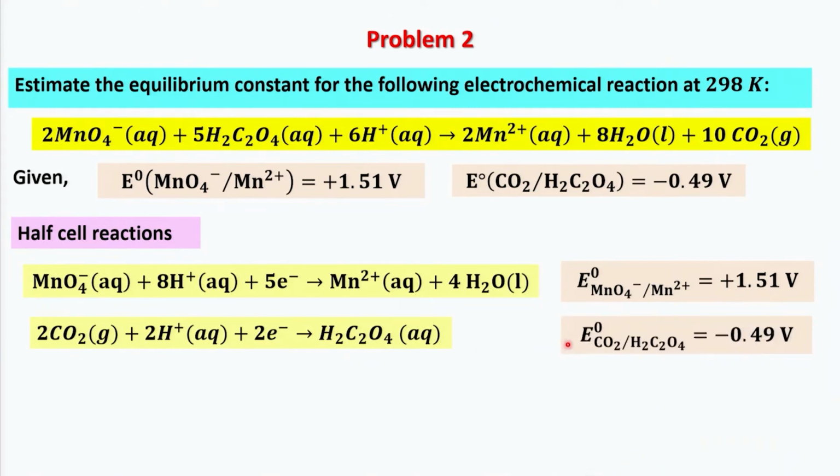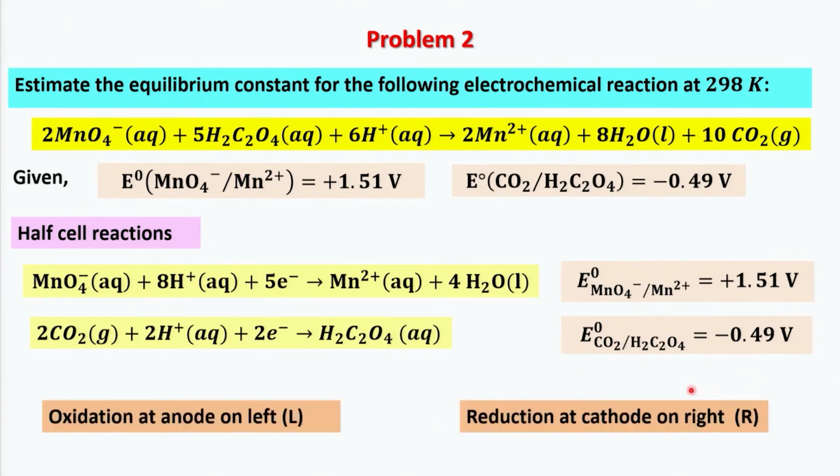Now, the standard reduction potential for this redox pair is given as minus 0.49 volt. And once again, I am going to use the notation that reduction at cathode is on the right and oxidation at anode on the left. Now, look at the net cell reaction. I find that in the net cell reaction, permanganate is getting reduced to Mn2 plus.